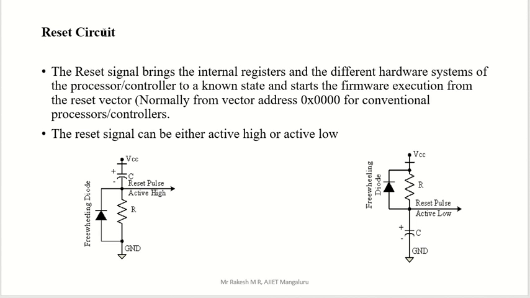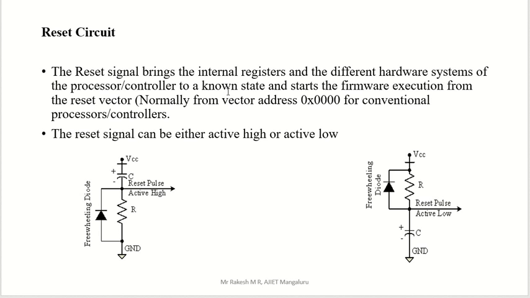The meaning of reset circuit is that a reset signal is generated by this circuit that will change your entire device register values to the initial value, that is 0 or nil. So the reset signal is generated by the reset circuit. That reset signal will change all registers and all different hardware systems of the processor controller to a known state. Known state means the initial position.